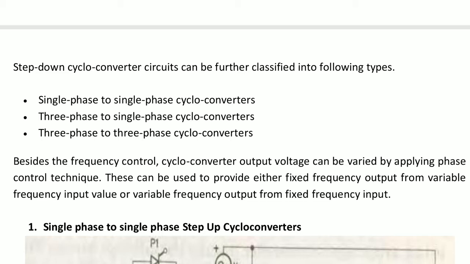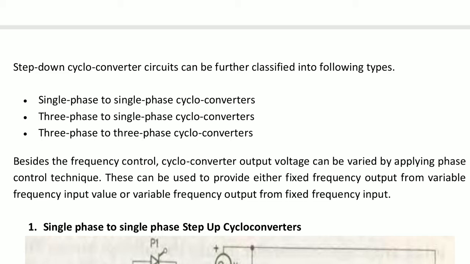These are single phase to single phase cycloconverters, three phase to single phase cycloconverters, and three phase to three phase cycloconverters, which are mostly used for industrial purposes.